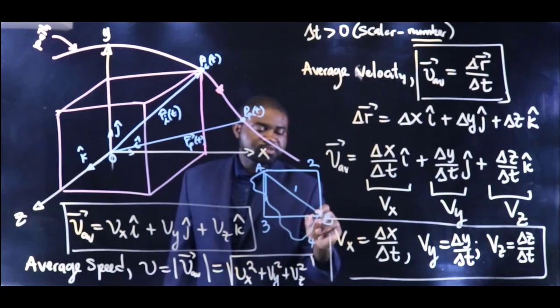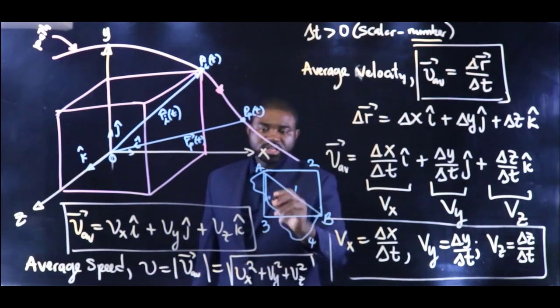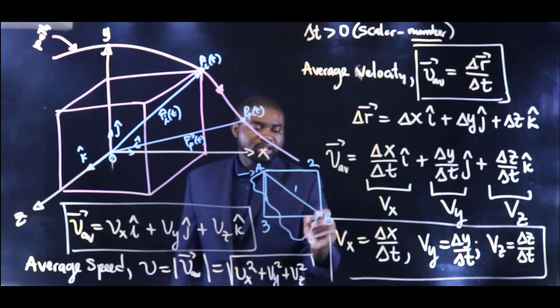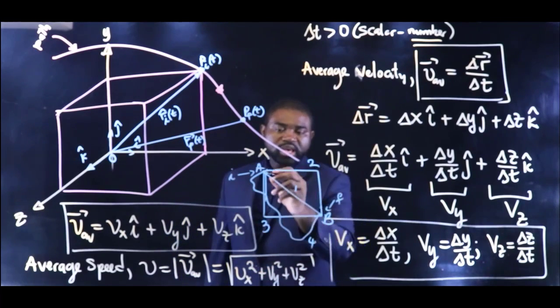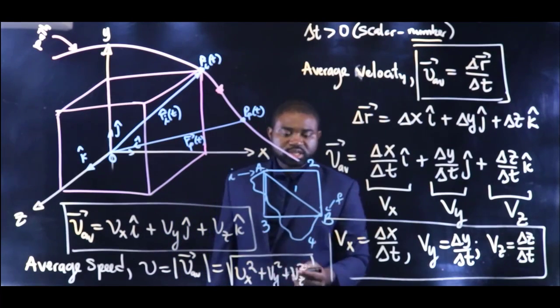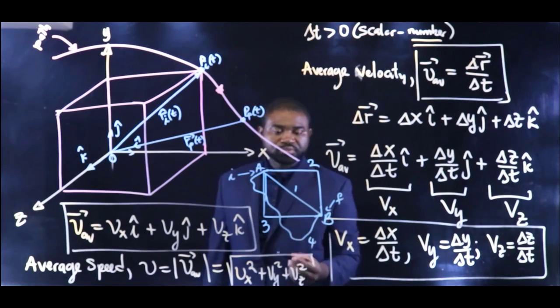You see, irrespective of the path that you will take, the initial, which is point A, and the final, which is point B, remains the same. You see that 1 is the shortest and 4 is the longest. So the distance between A and B is shortest in 1 and longest in 4.